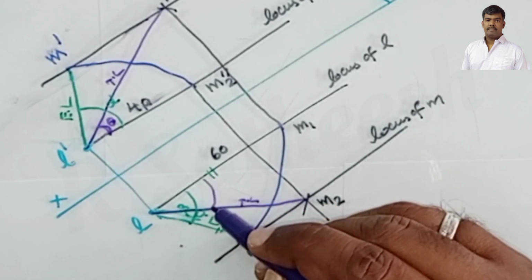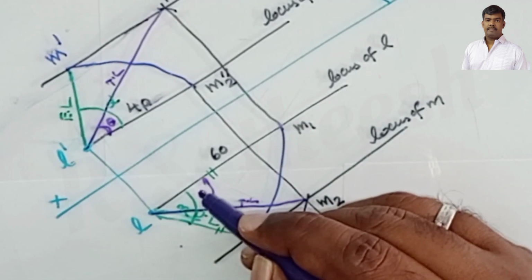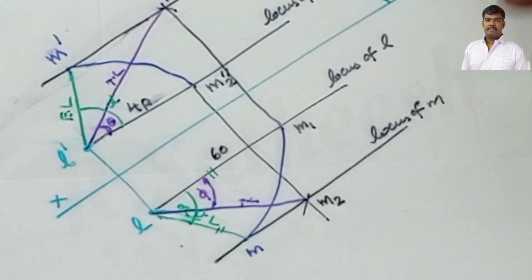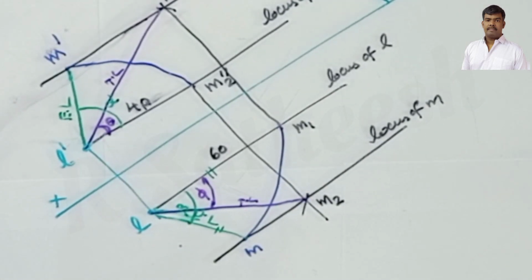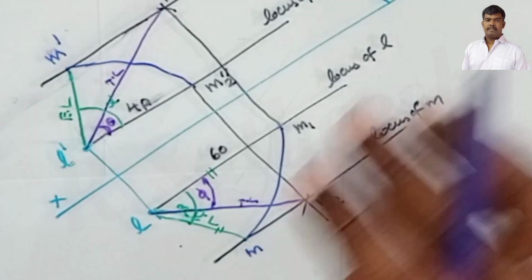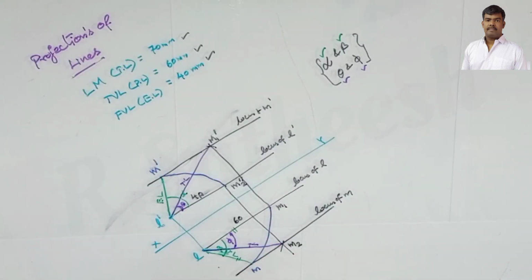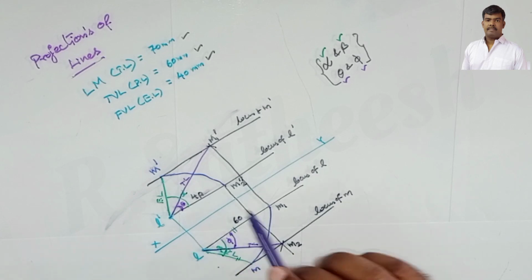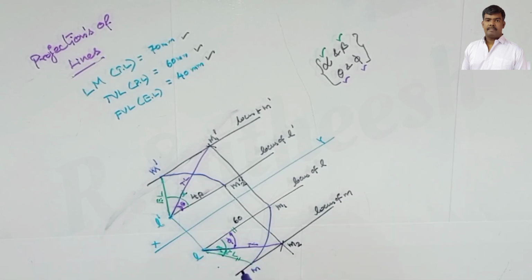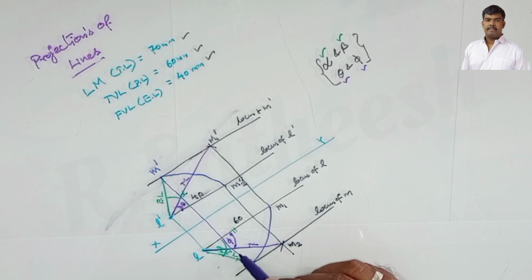This angle is pi. Measure it. That is also done. Clear? So the final shape is everything the same. But in the previous problem, theta and pi values were given and we constructed to finally get EL and PL. Now in this problem, the EL and PL values are given, and you determine theta, pi, alpha and beta. Clear? If M dash and M coincide in a single vertical line, our answer is correct.